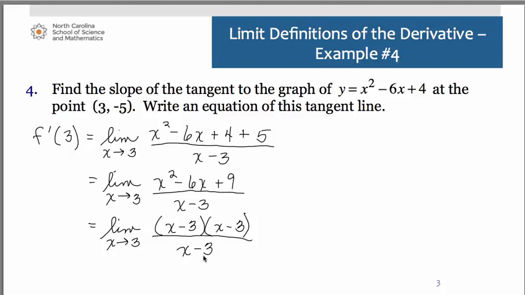Of course, that's where the quote-unquote problem was, because you were not able to substitute 3 in place of that x in the denominator. So these cancel. So now you can substitute 3 into the x that remains, and notice you get 0. Now think about what that implies. Since we found the derivative to equal 0, think about what kind of line has a slope of 0. We just figured out where it is that this particular parabola has a horizontal tangent line. And it's going to be at that point 3, negative 5.